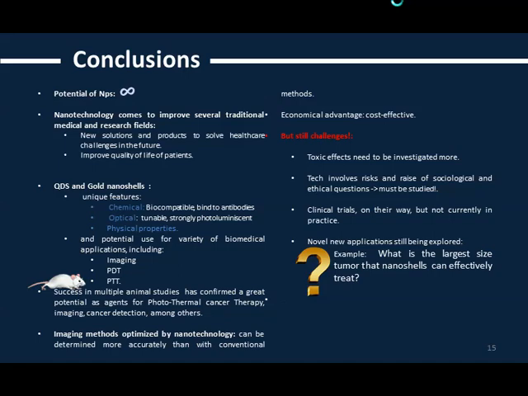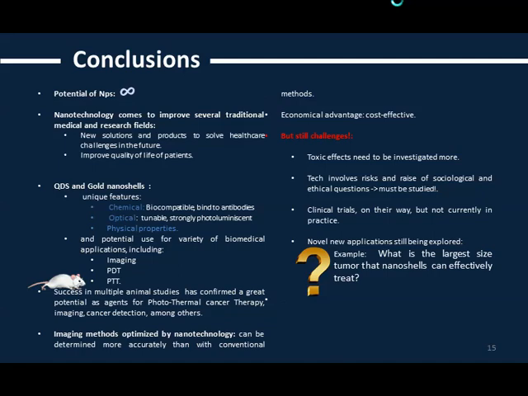For example, the toxic effects of these nanoparticles need to be investigated more. This also implies sociological and ethical questions. And clinical trials have not been fully developed, but they are underway.